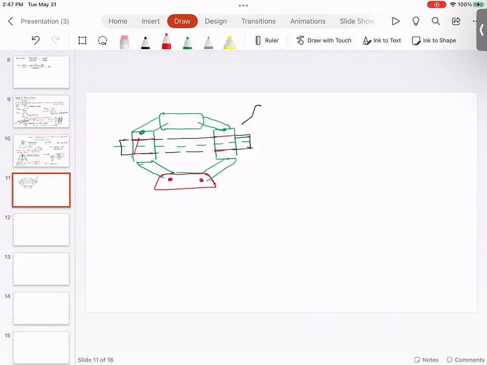So what you have is clockwise threads on one side, you have counterclockwise threads on the other side. So if you rotate this screw in one direction, this platform will be raised. If you rotate this screw in the other direction, this platform will be lowered.